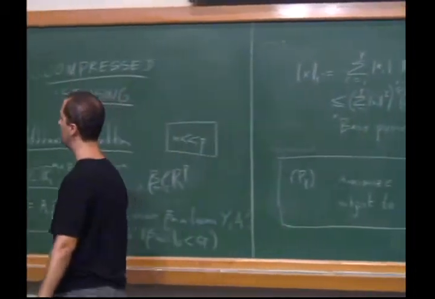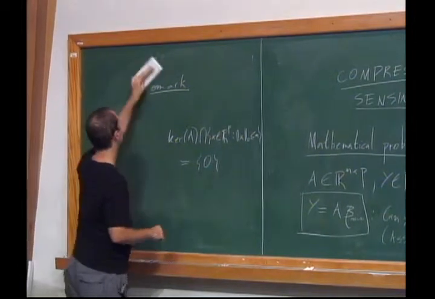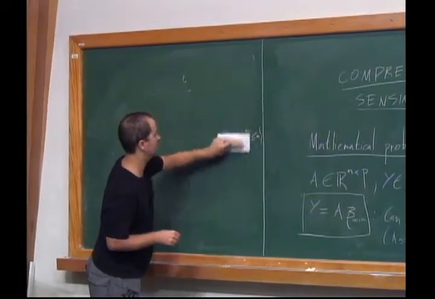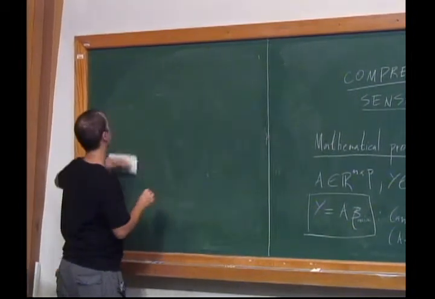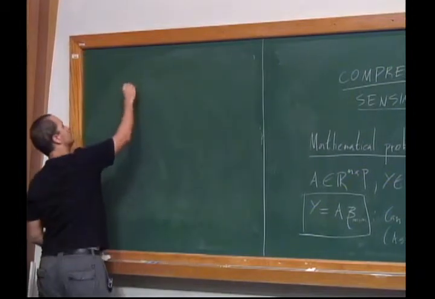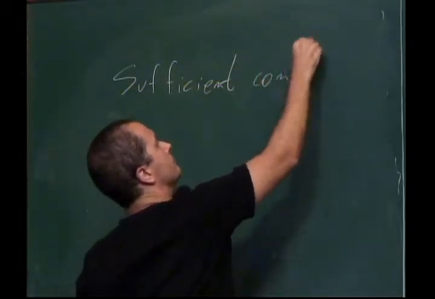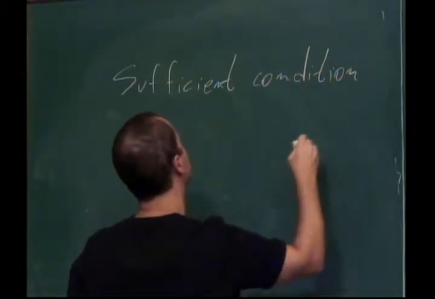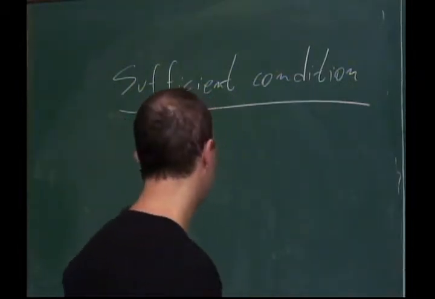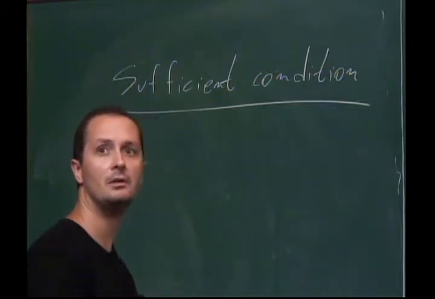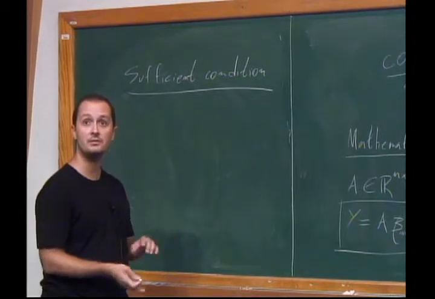So here's a sufficient condition on A. Before we had this. In some sense it's necessary and sufficient, but I just want to say that it's sufficient. In the previous case, the condition of A being generic was also necessary and sufficient.